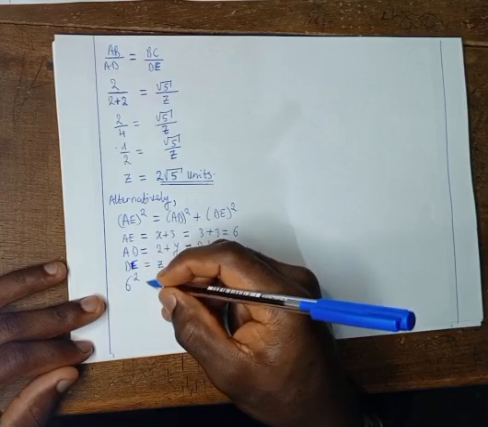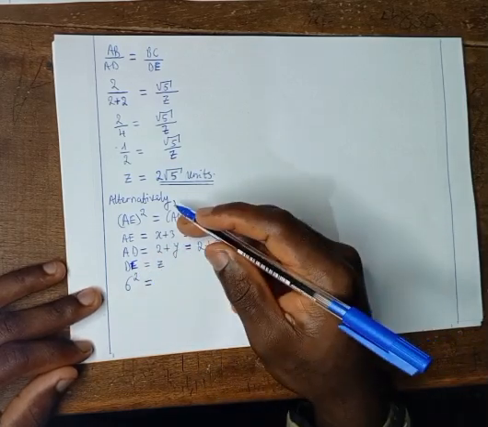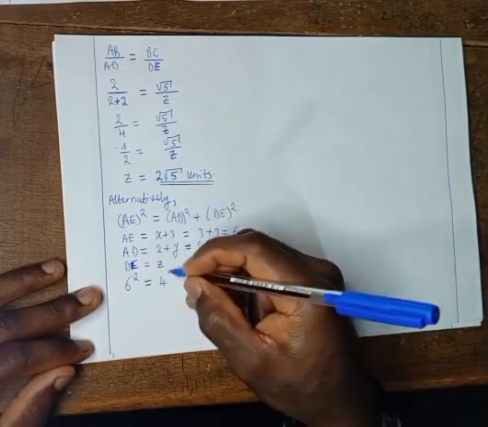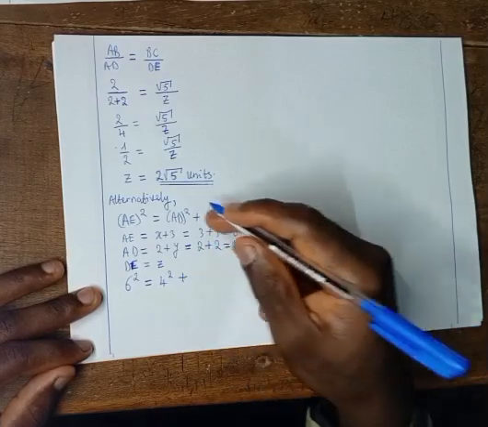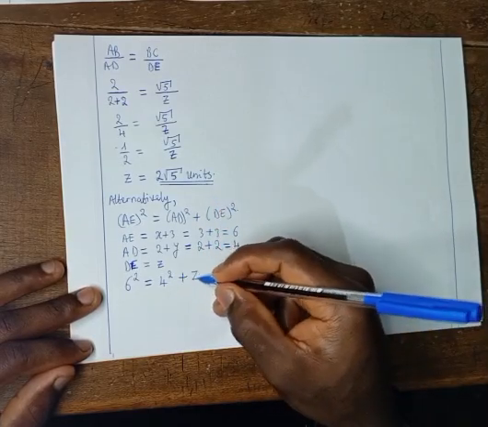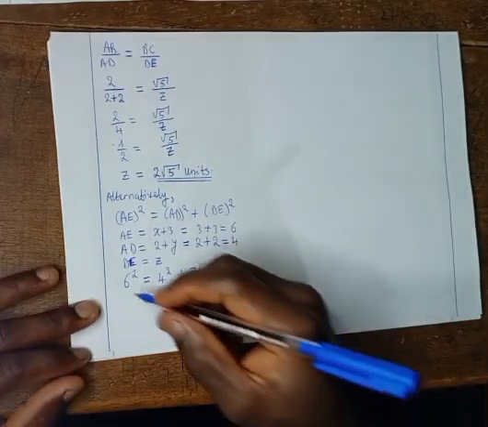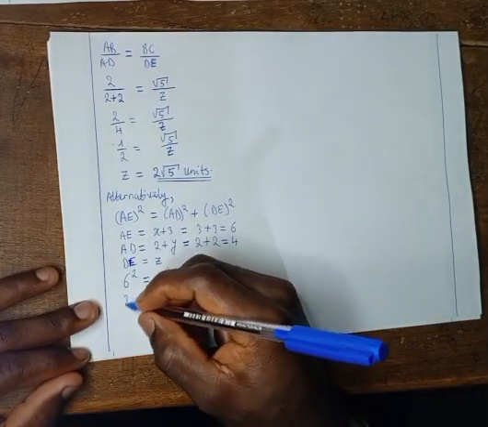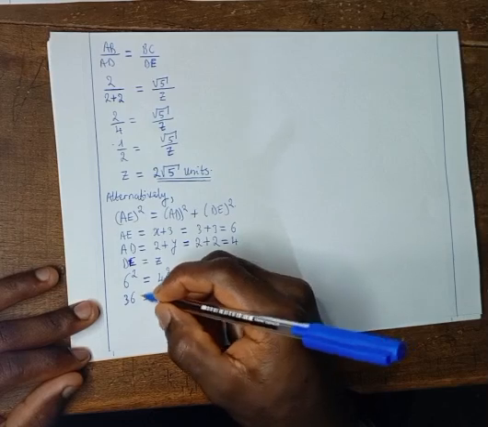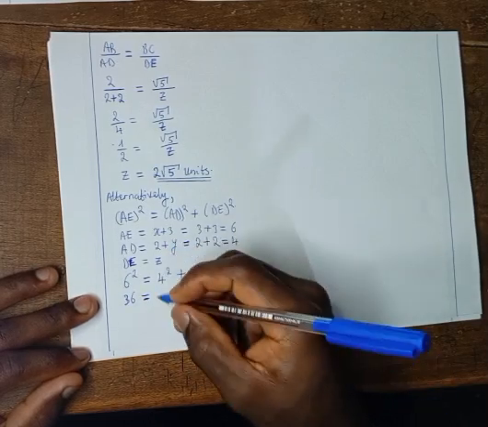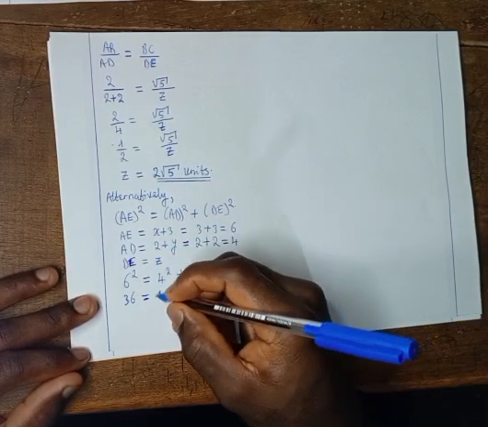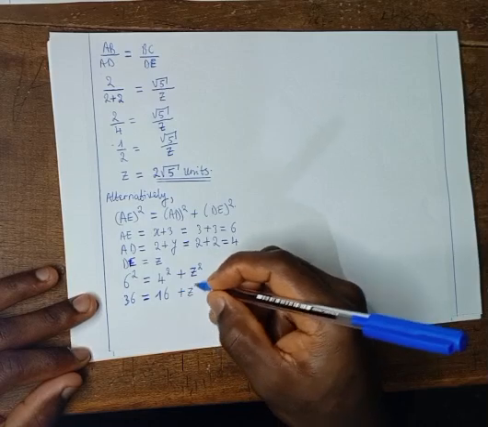So here we have 6 squared equal to AD, which is 4 squared, plus DE, which is simply Z, so we have Z squared. 6 squared is simply equal to 36. So 36 is equal to 4 squared, which is 16, plus Z squared.